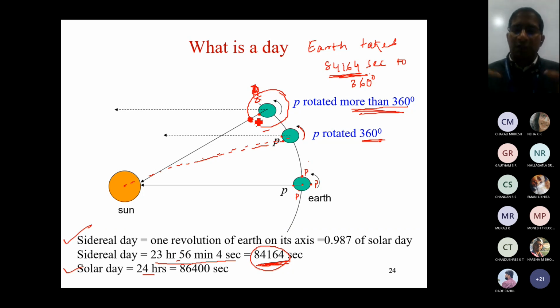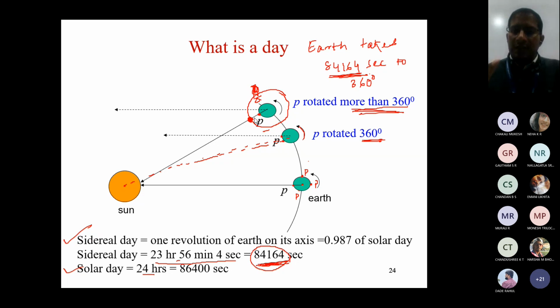That means suppose P is myself, a person standing on Earth's surface. Every time I will see the satellite on my head. In the night also, in the morning, and at noon also I will see the satellite on my head.